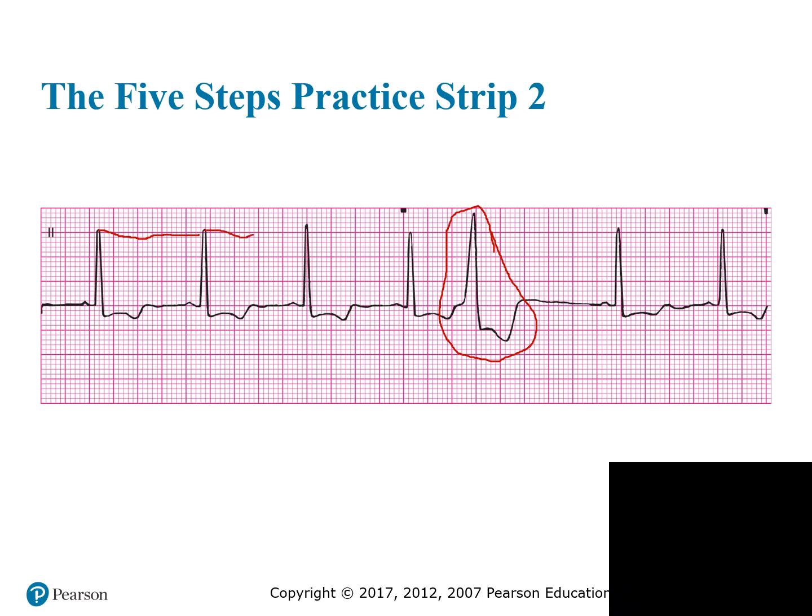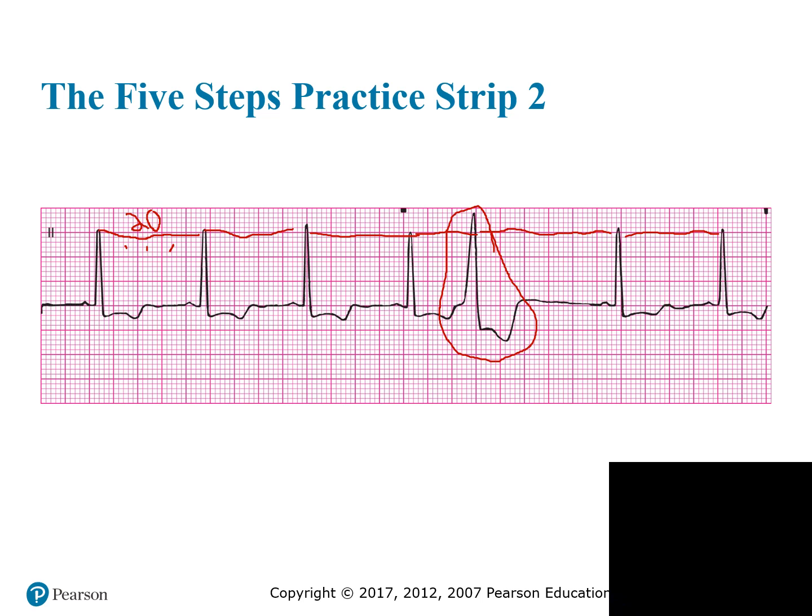R, R, R, R, R, R. All right, so we have 5, 10, 15, 16, 17, 18, 19, 20. So the first R-to-R interval is 20 little blocks wide.